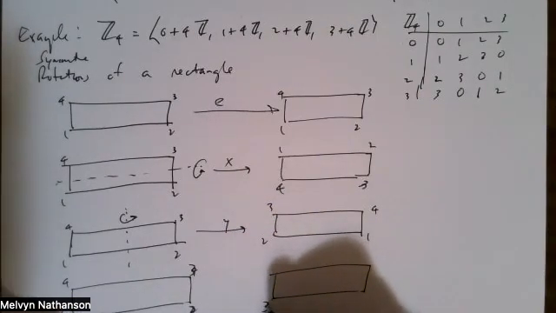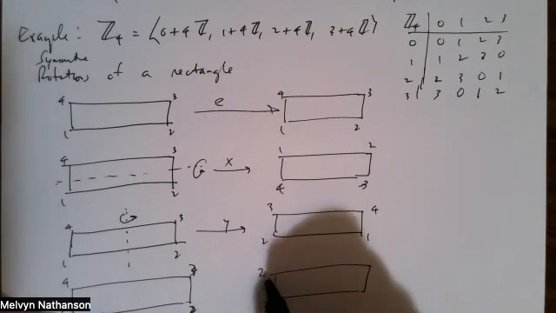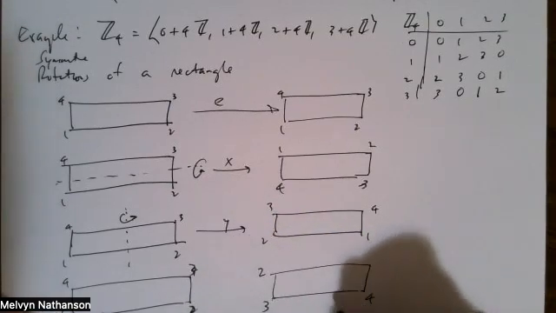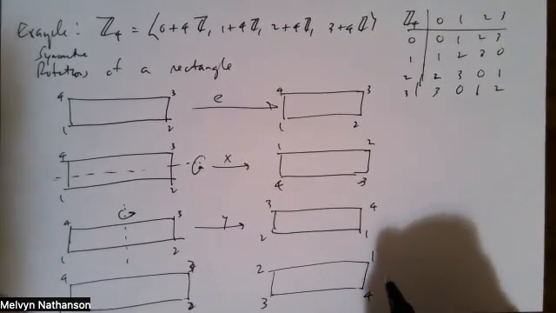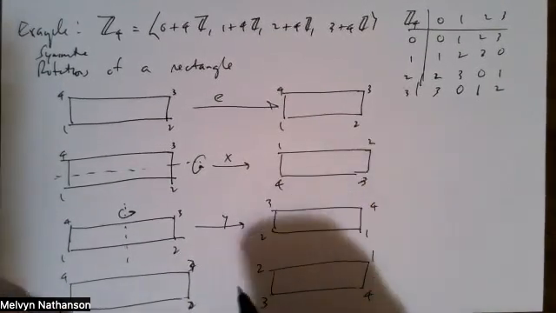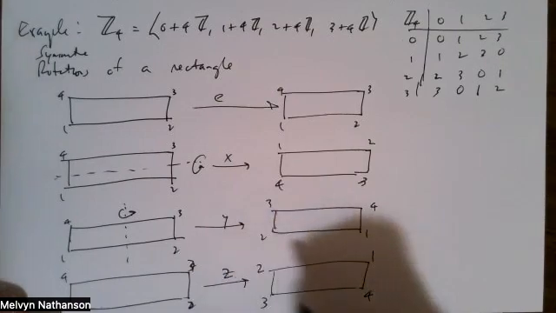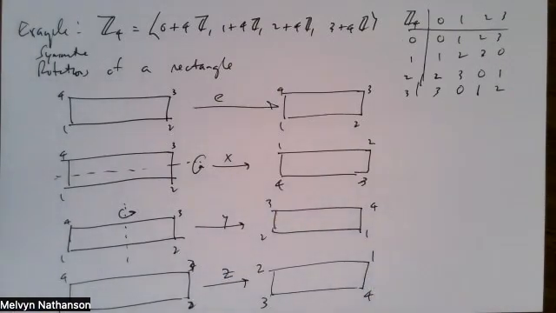But if the 3 is here, then the 2, that's the short side, has to be there. And this is 4, and this is 1. So I'll call this Z. And these are the four symmetries of the rectangle.